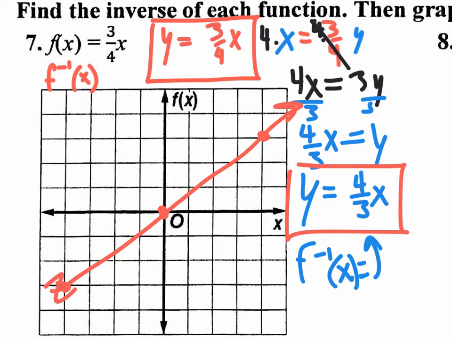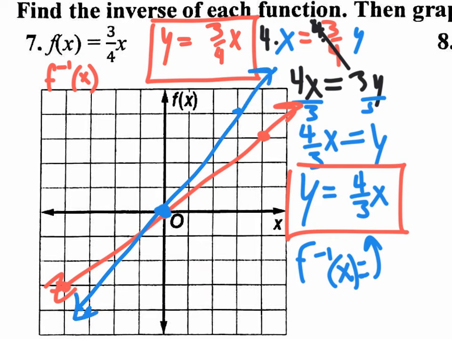That's my original. My inverse will also cross at 0. But instead of going up 3/4, I'm going up 4/3. So I'm going to go up 1, 2, 3, 4, 1, 2, 3 over. And I could also go down 4/3 to extend it further.